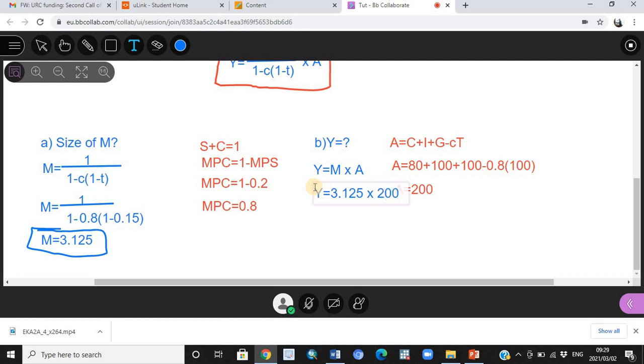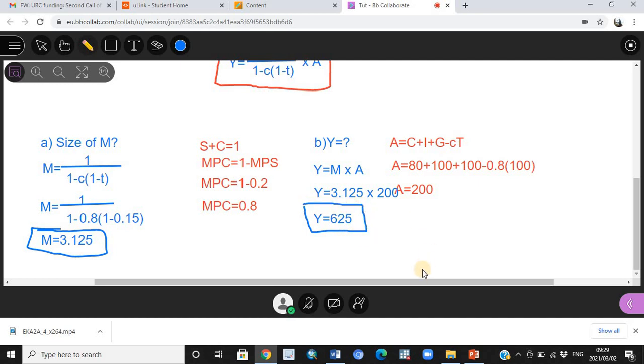I'm just going to say 200 times 3.125. This is going to be equal to 625. Oh, sorry. My Y is going to be equal to 625. So this is our equilibrium income.